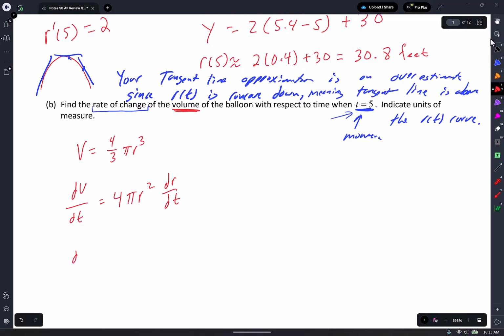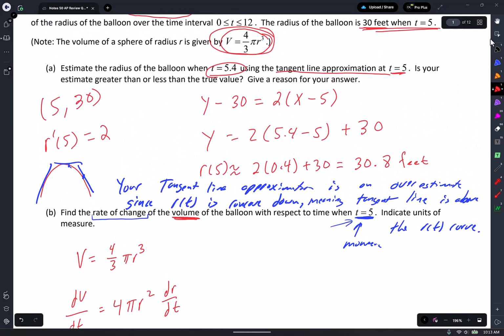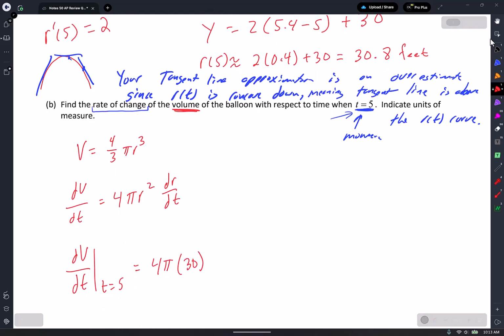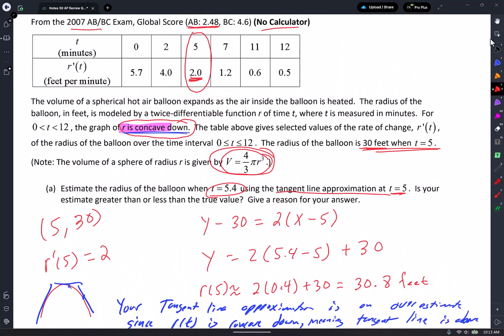Now I'm going to write dV/dt evaluated at t equals 5 equals 4 pi, parenthesis, do I have my radius at 5? Yes, it's 30. Close it, put a square, and then dr/dt at 5 is 2.